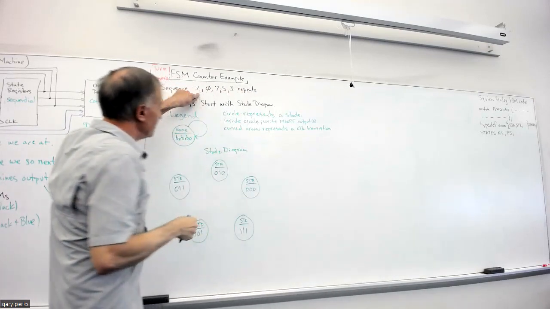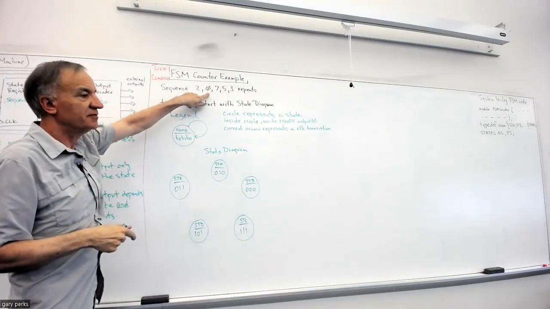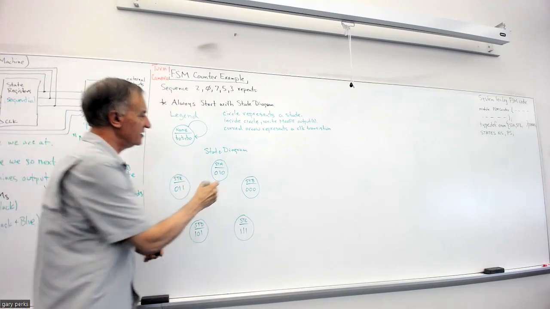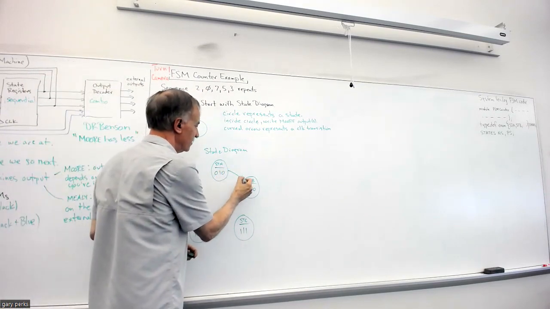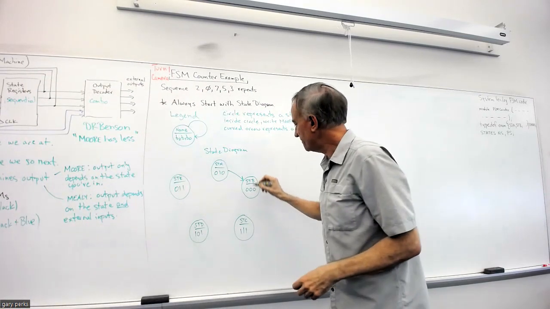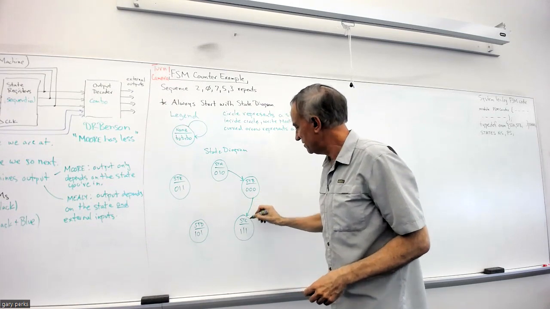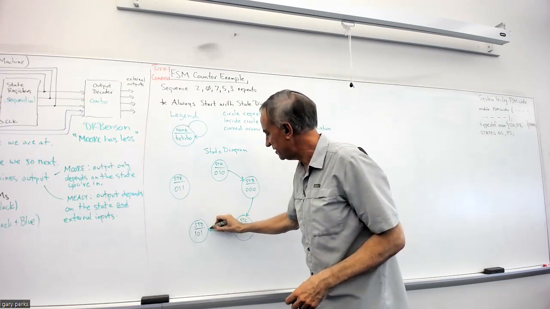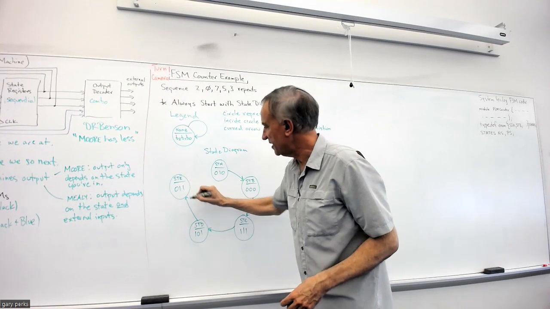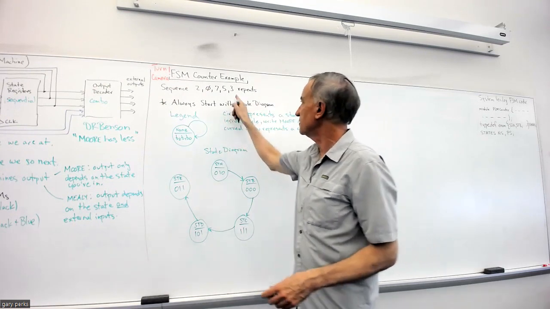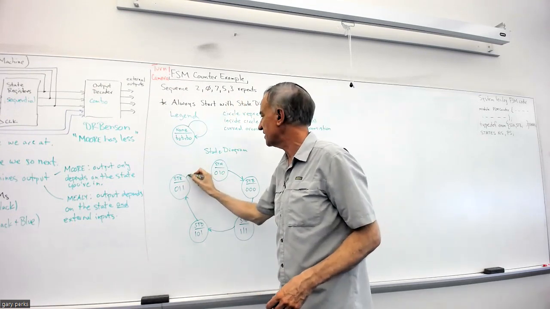So if we're starting here at state A, well, we then go to state B. And then from state B, we go to state C. And then from state C to state D. And then state D to state E. And then since we repeat, when we're in state E, we just go back to state A.